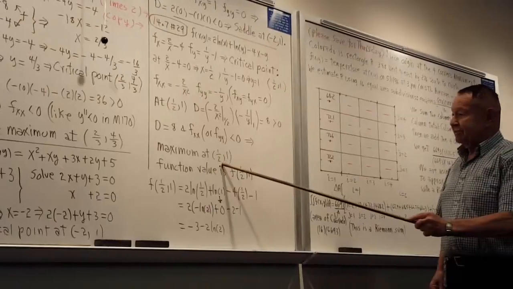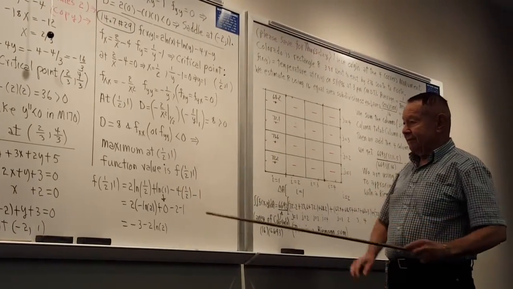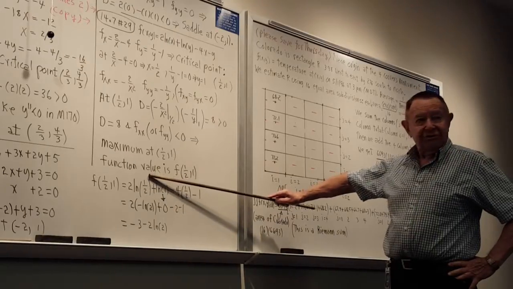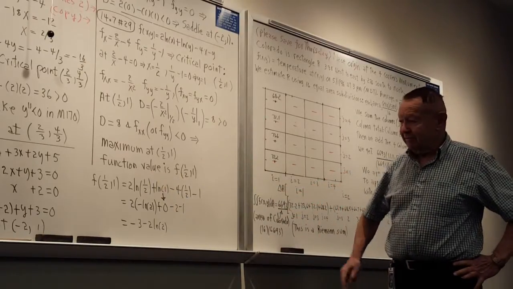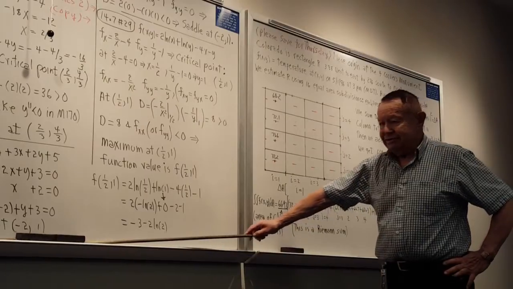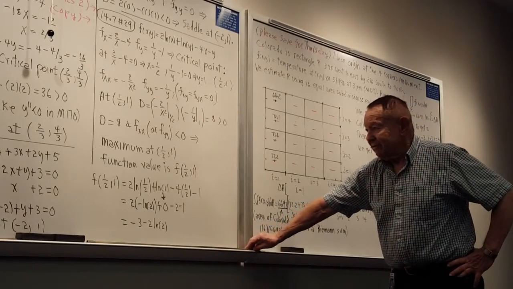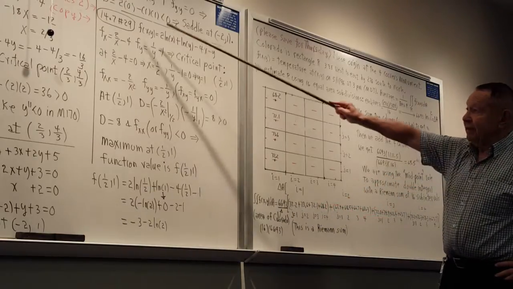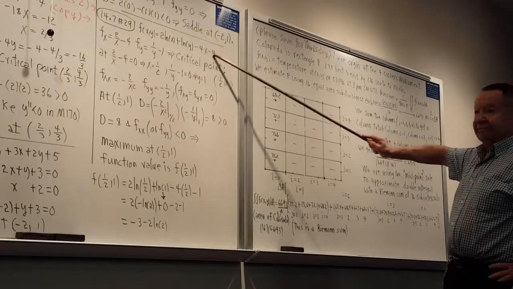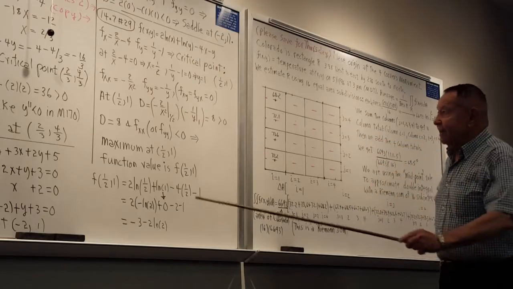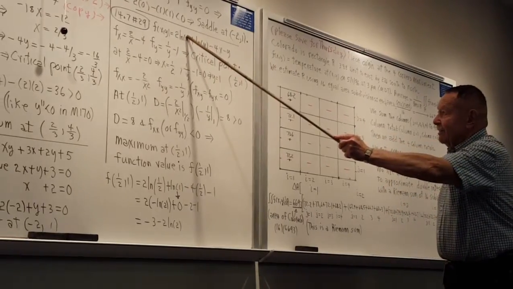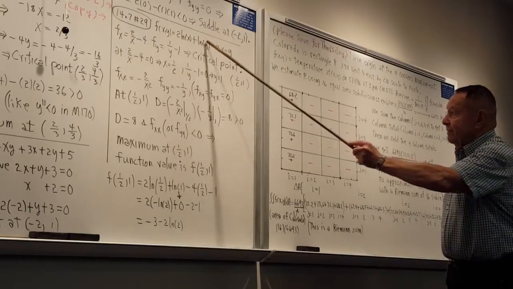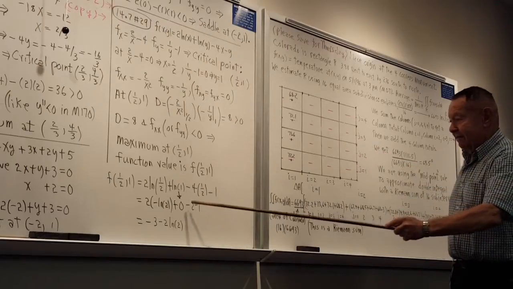So you have your maximum then at your critical point, and if you actually want the function value, I think in this problem the book wants you to actually say the maximum value, which is the value then at this point that this will take. So you feed the half back here for the x, and the 1 back here and there for the y.